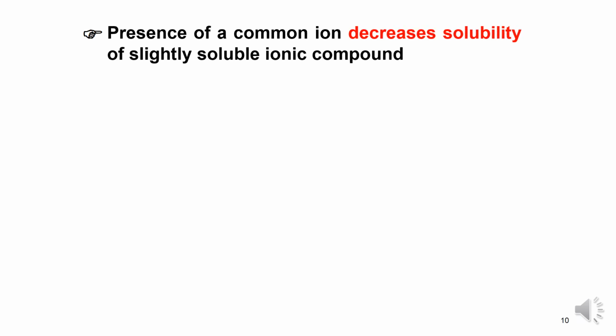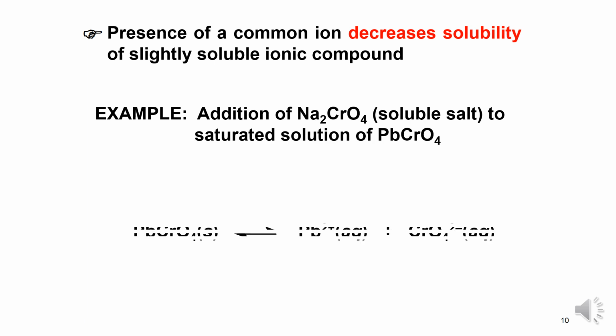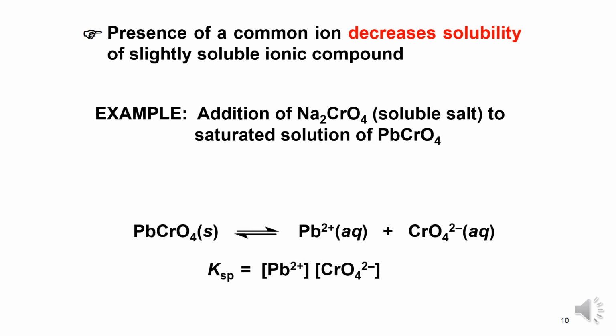Now, the presence of a common ion will decrease the solubility of a slightly soluble ionic compound. So the equilibrium will shift from right to left, and solid will be produced.